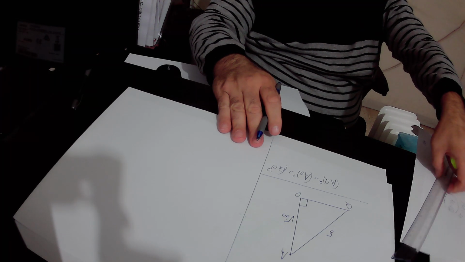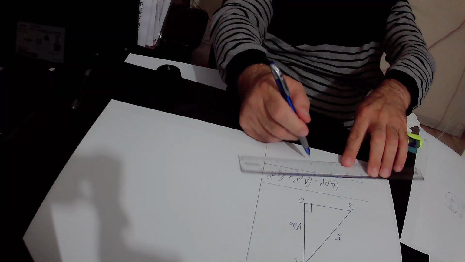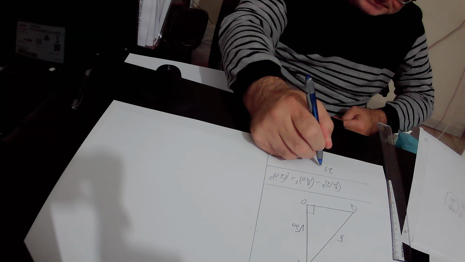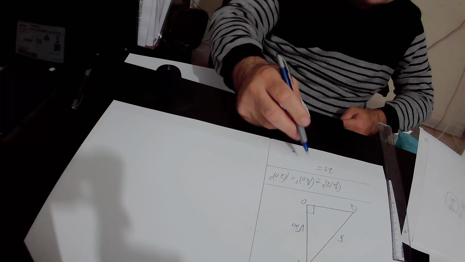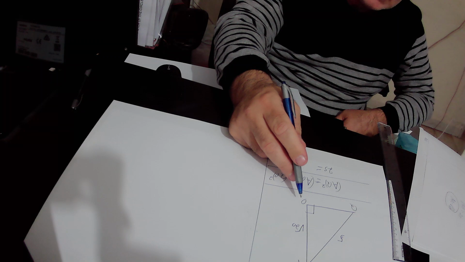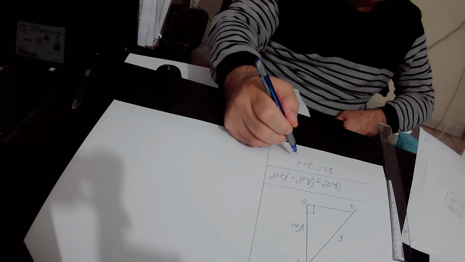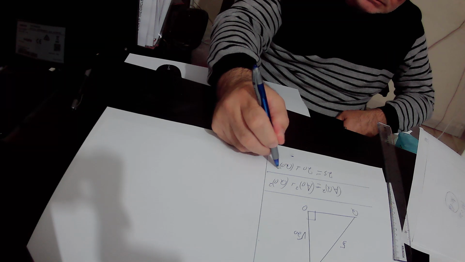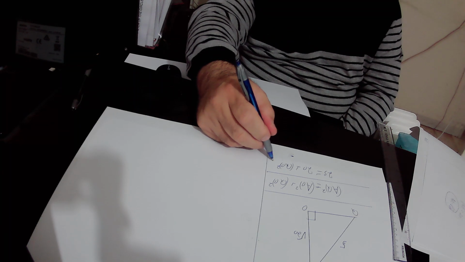AQ equals 5 units. Therefore AQ square is 5 squared, that is 25. And it is equal to AO square. AO is the square root of 20, therefore AO square is the square root of 20 squared, that is 20, plus QO square. Here we subtract 20 from this equation.